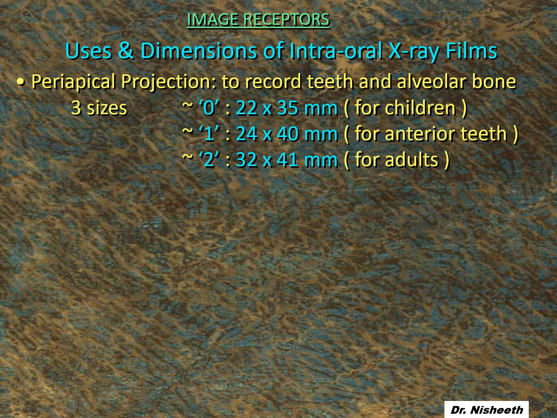Now, there are different dimensions of intraoral X-ray film. I told you that the films are of two types: intraoral films and extraoral films. Intraoral radiography is made with the film kept inside the mouth, and in extraoral radiography, the film is kept outside the mouth.